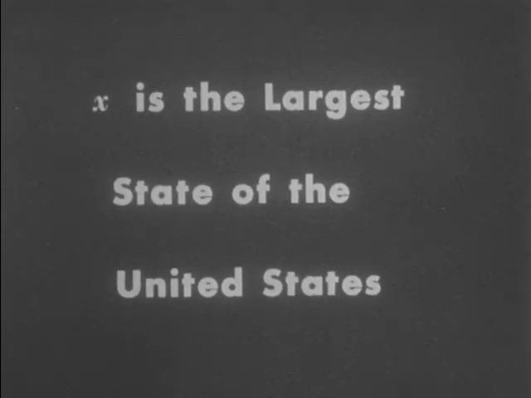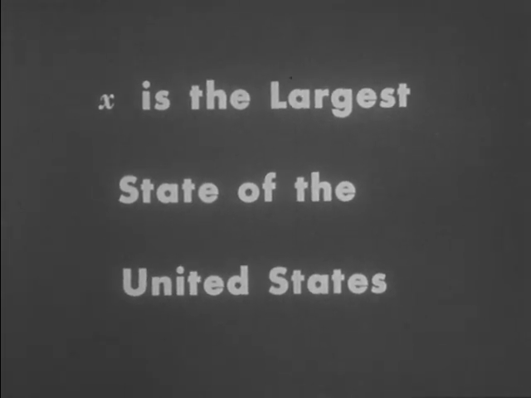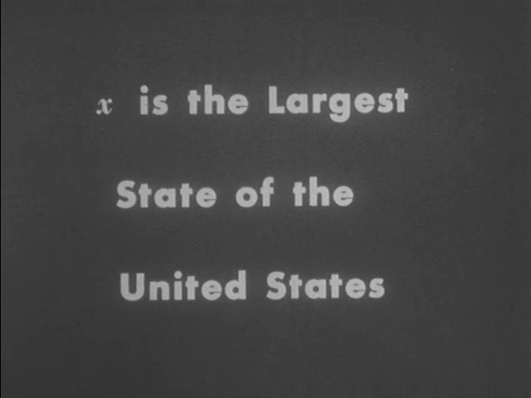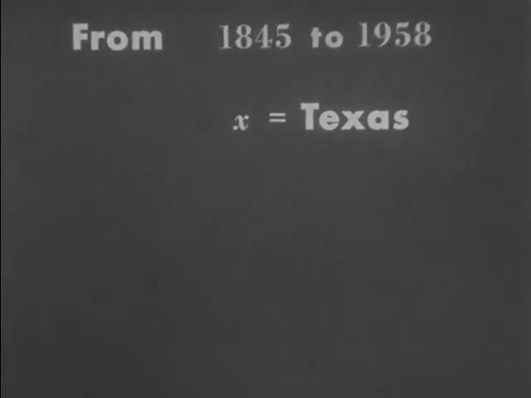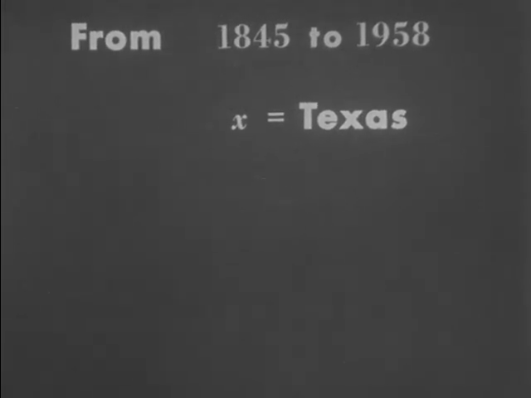These same ideas are applicable to sentences that do not contain numerical variables. For example, consider this sentence. At various times, from 1787 to the present, the replacement set was differently constituted, and at different times, different states were the largest. From 1845 until 1958, the solution was Texas.